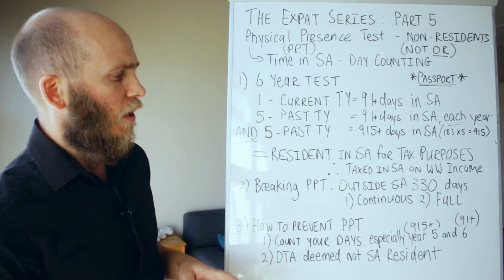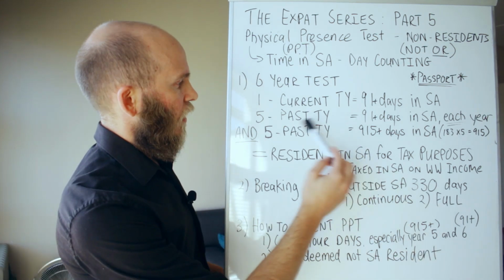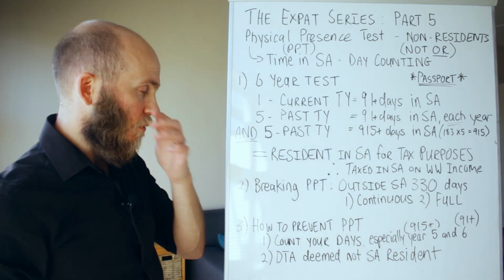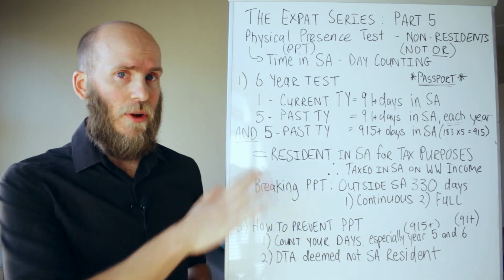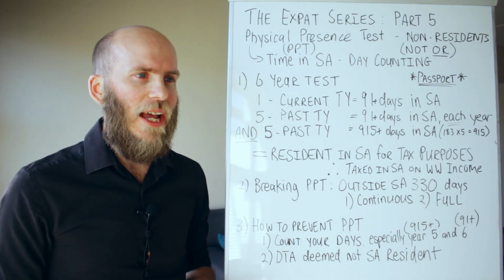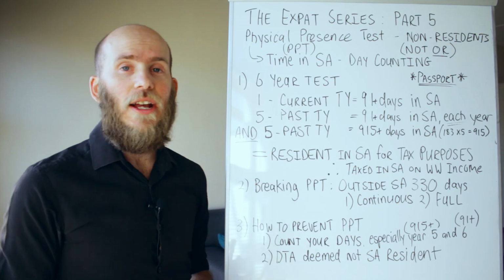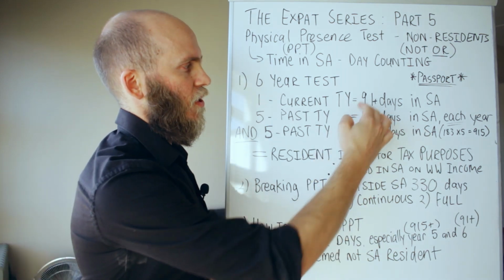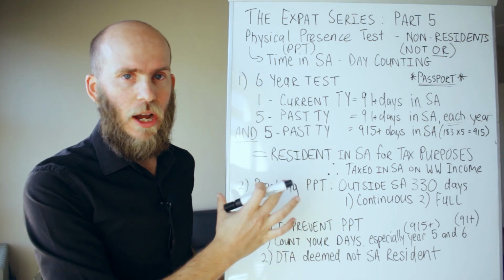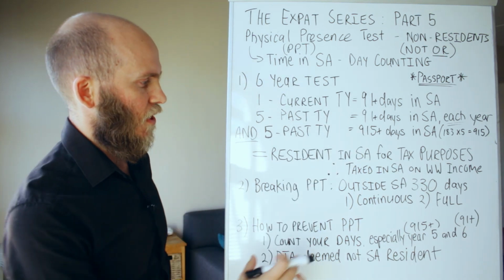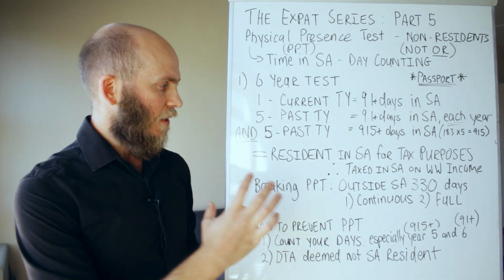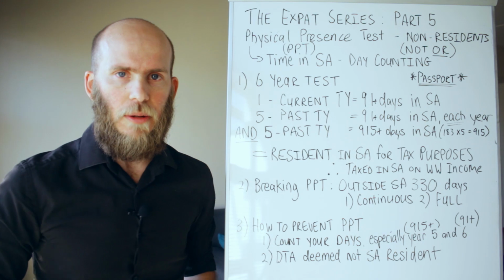And year 6, really, if in the past 5 years you've done this, you are also more than 915 days inside South Africa for the past 5 tax years. Then in the current tax year, if you are already at 60 days inside South Africa, then you have to make a plan in order not to go past the cycle of 91 days, because then in order to break that resident in SA for tax purposes status, you have to leave South Africa for 330 days in order for this no longer to apply.